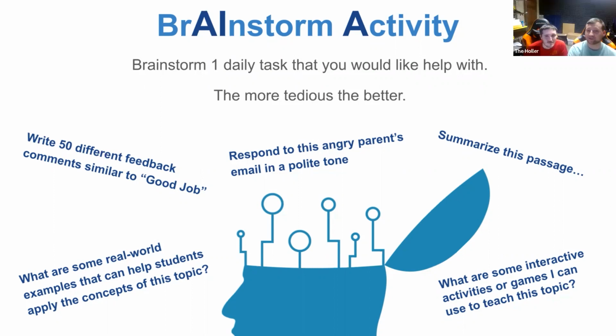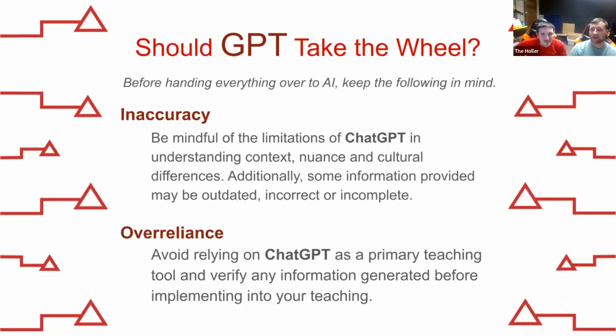Oh yeah, and that's actually going to bring us right into our next slide. Should ChatGPT take the wheel? So some of the disadvantages that we've seen with ChatGPT and the AI world we're living in as of recently. First up, inaccuracy. The model that AI is currently using, I think it was trained on 2021 data.